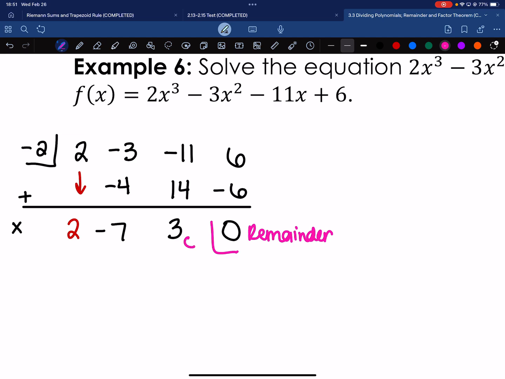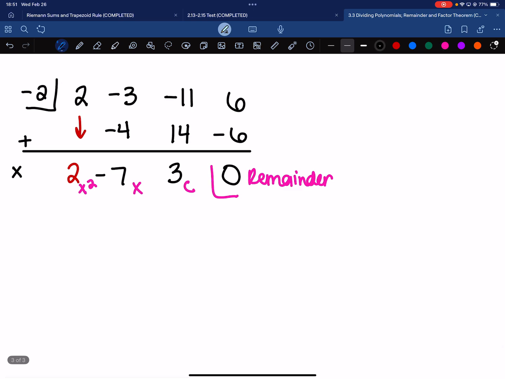We have our constant, our x, and our x squared term. And we're left with this.